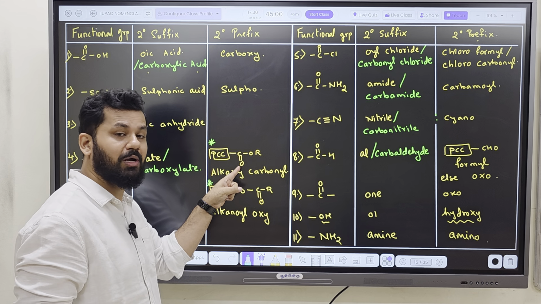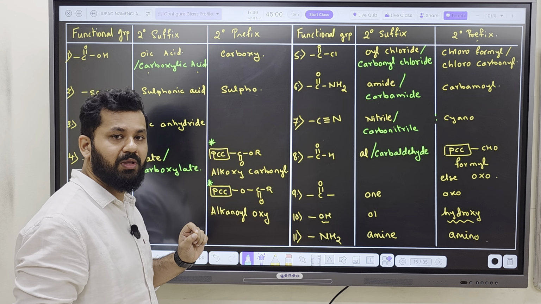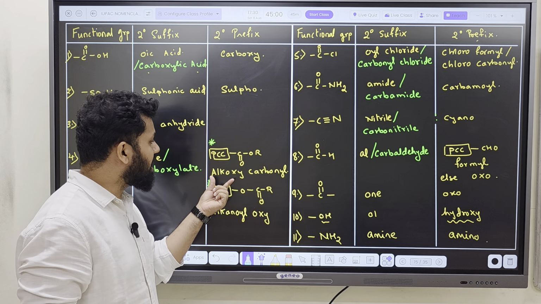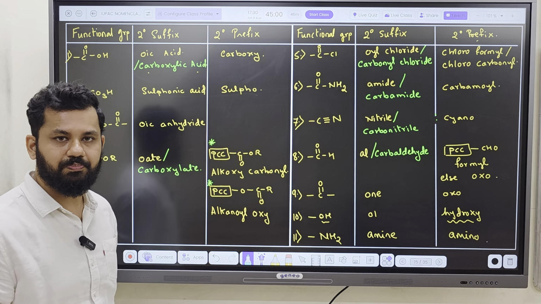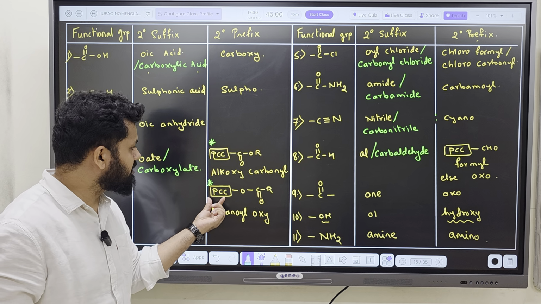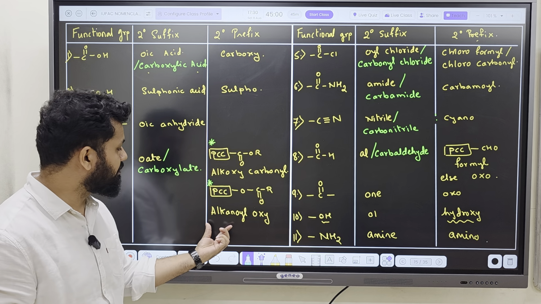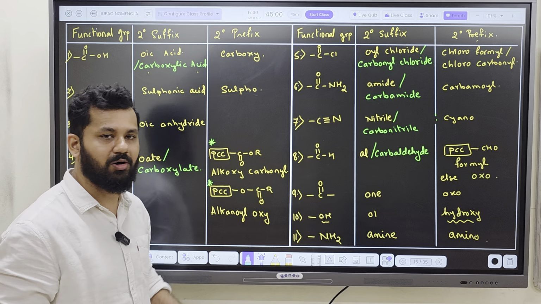C double bond O is called carbonyl group. If carbonyl group is connected to PCC, the prefix becomes alkoxycarbonyl. And if to PCC, not C double bond O, but O is connected, then the prefix becomes alkanoyloxy.